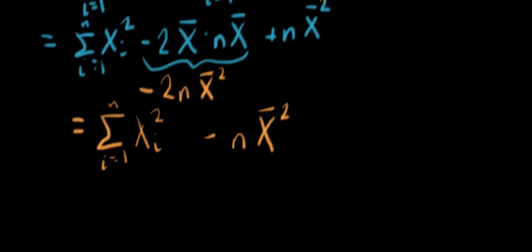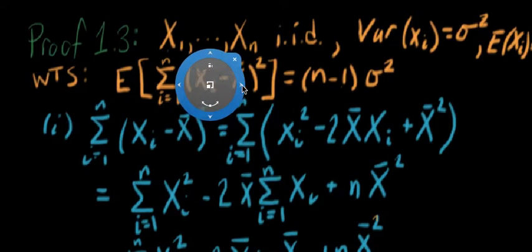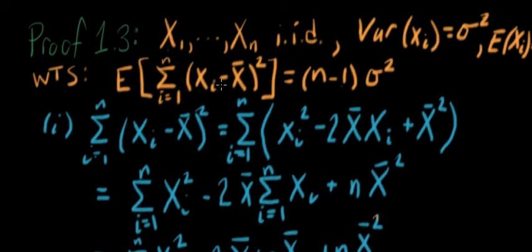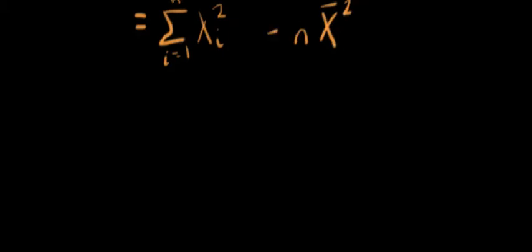Okay, and all we just did was show that this is just another way to express what we initially had inside of our expected value here. So we're just going to plug what we just found into this expected value operator for the second part of the proof. So this was just pure algebra that is going to make our lives easier, and you will see why momentarily.